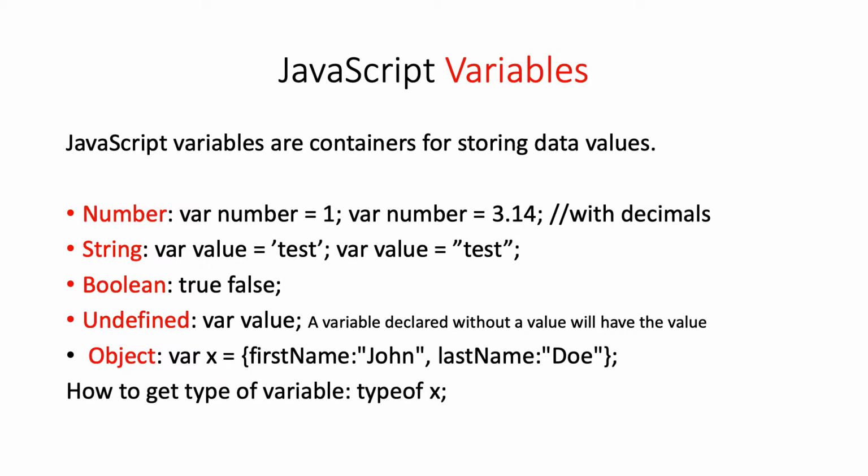If you want to get type of variable and make sure that this is the type of variable that you need, use the typeof method, for example, typeof x, to take it.